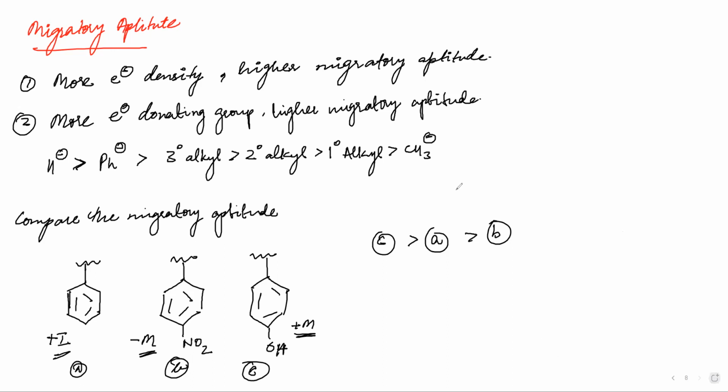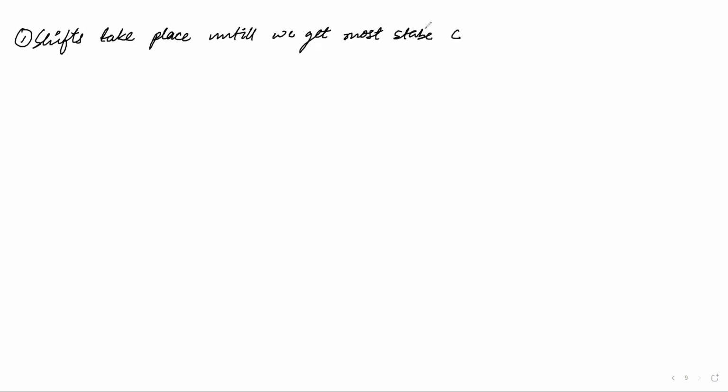So the next important thing is that shifts take place until we get the most stable carbocation.